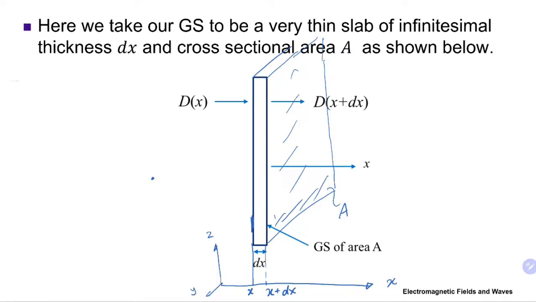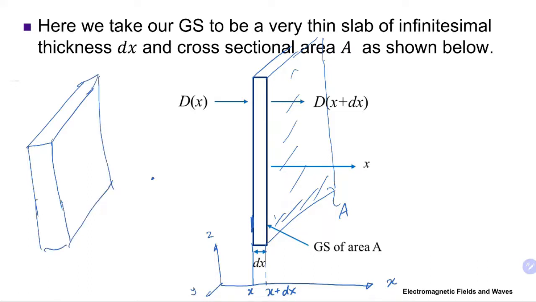Do you follow so far on this diagram? Think of it as a rectangular volume with very tiny thickness dx and an area of A. Let me draw this, with x, y, and z.